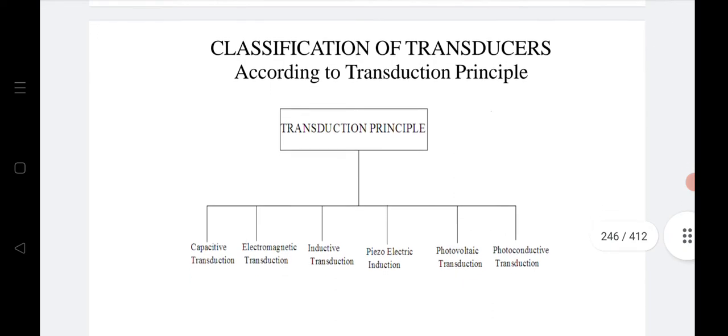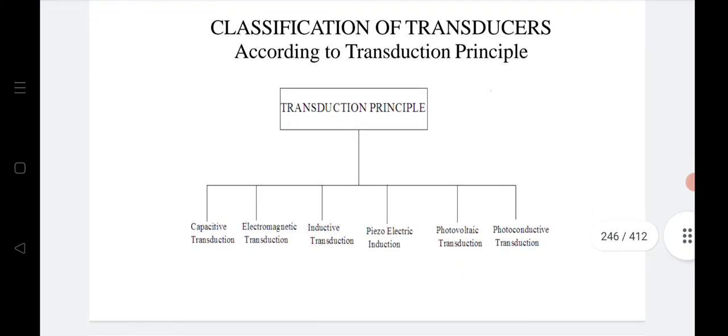Now let us come to the next classification of transducers, which is according to the transduction principle. Transduction principle means what type of conduction it is going to use.